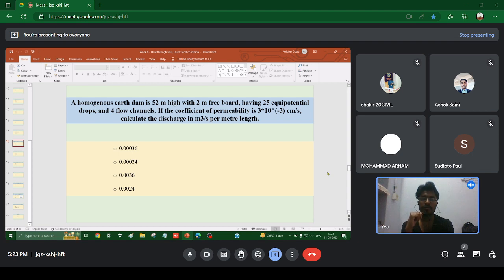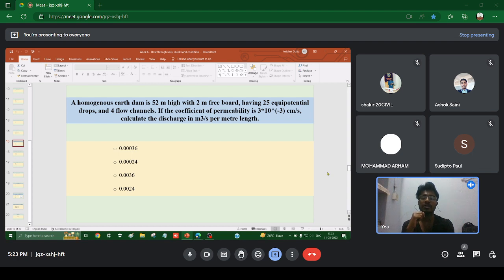Read this question carefully. If you have any doubt, please ask. A homogeneous earth dam is 52 meter high with 2 meter freeboard having 25 equipotential drops and 4 flow channels.